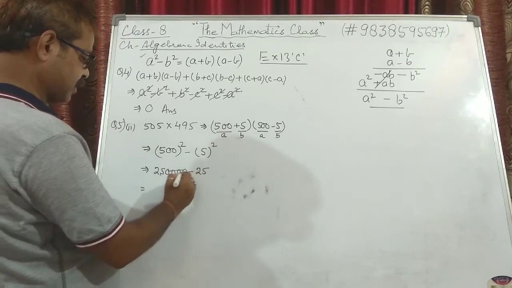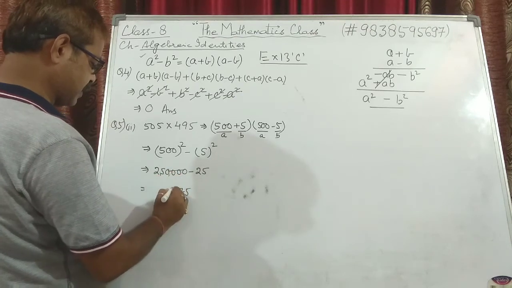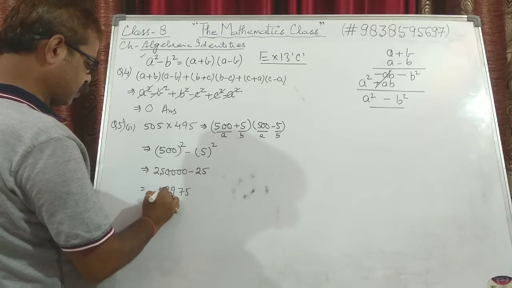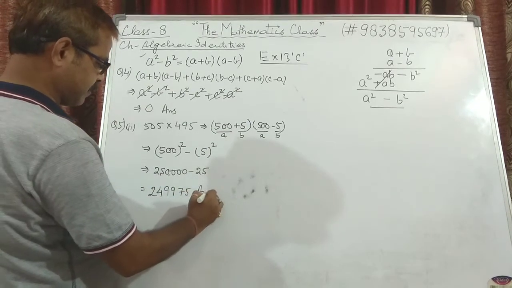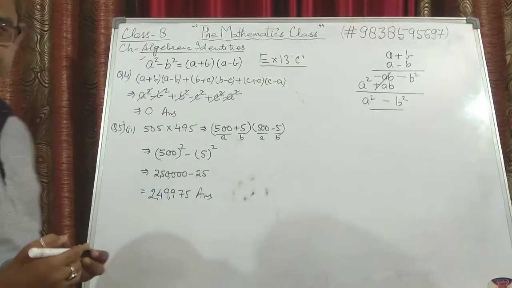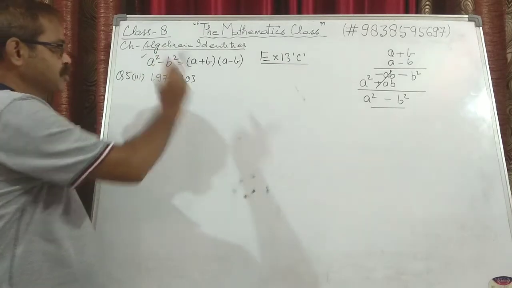When you subtract, this will become 2,49,975. That is the final value.